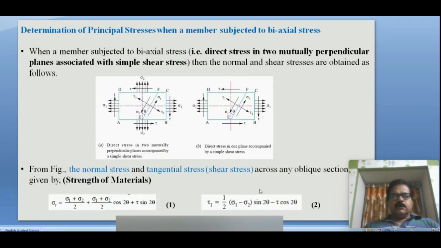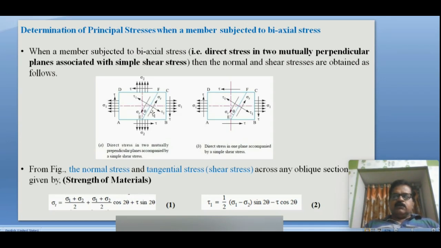Here you can see a member subjected to biaxial state of stresses sigma 1 and sigma 2, and on which we have taken an inclined plane at theta degrees with the vertical. The normal and tangential stresses on this plane can be calculated, and when this angle theta becomes some value where the shear stress on this plane equals 0, then this inclined plane will become the principal plane, and the normal stress on that principal plane is known as principal stress.